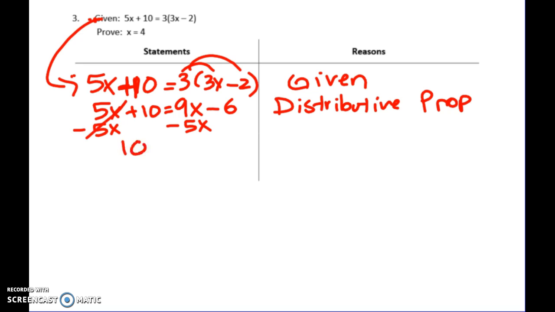Bring down 10 equals 9 minus 5 is 4x. And then bring down minus 6. What is that step's reason? Well, on this step, we just subtracted on both sides. So that's subtraction, POE.